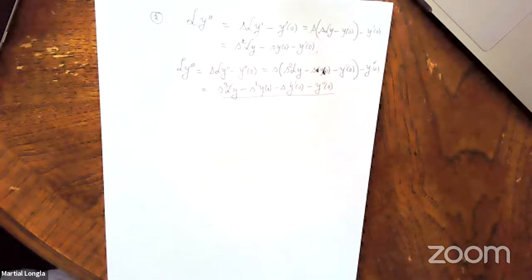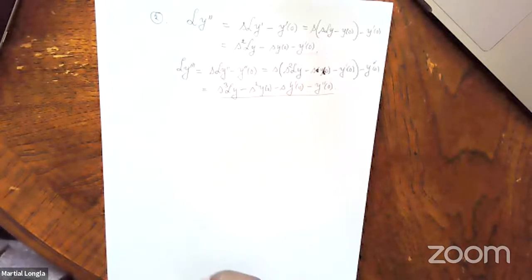This is mostly used in applications when you want to solve a differential equation or an integro-differential equation. You get things like that showing up, and then you can solve. So that's it for the Laplace transform of the derivative.